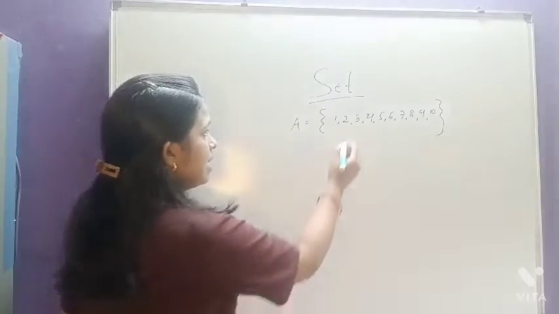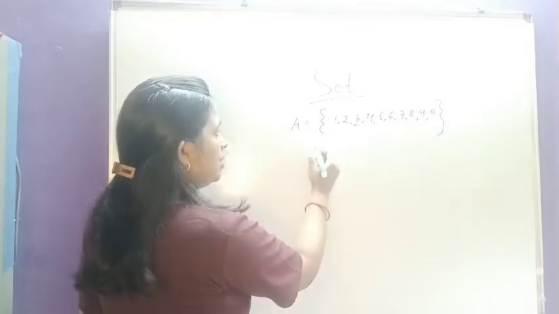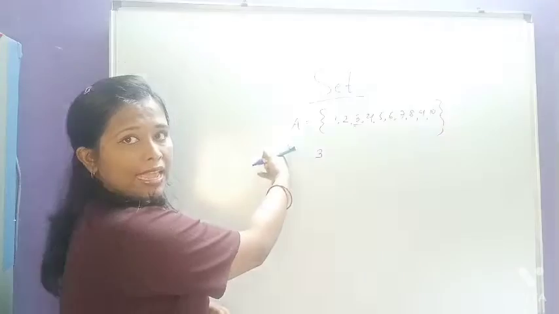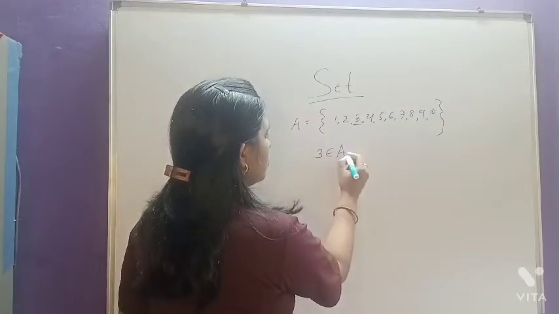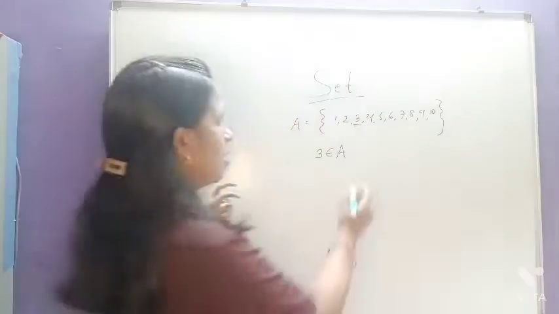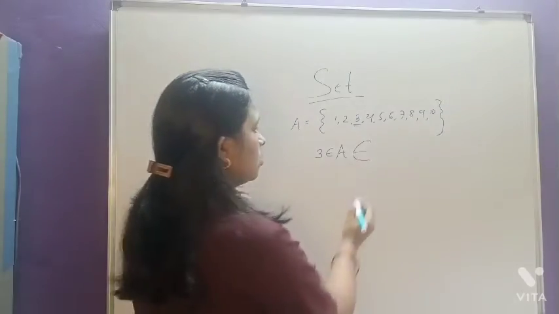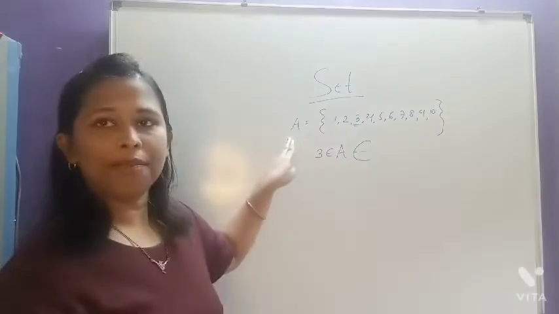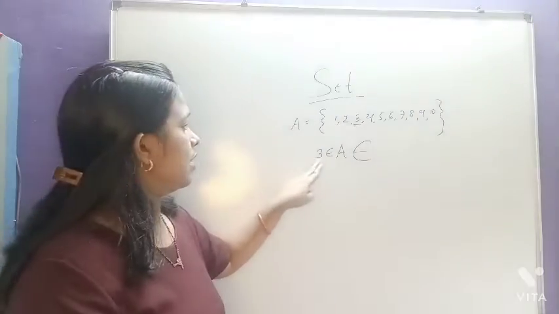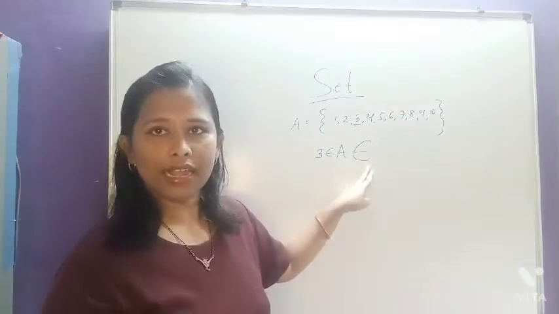Suppose I am telling you 3. 3 is an element of this set A. So I can write 3 belongs to set A. This is the sign of belongs to. So 3 is an element of set A, meaning 3 belongs to set A.